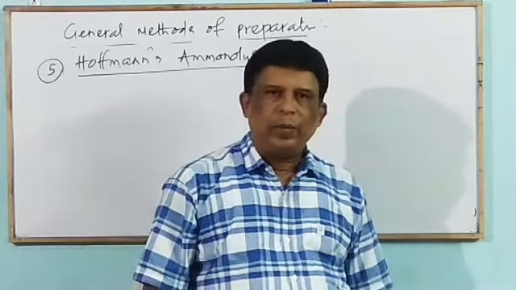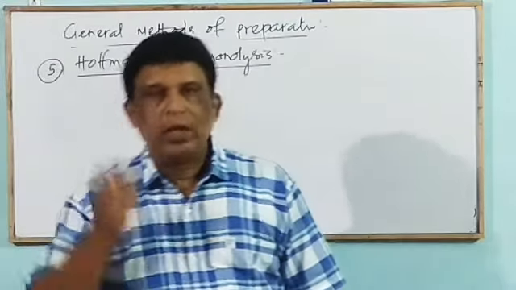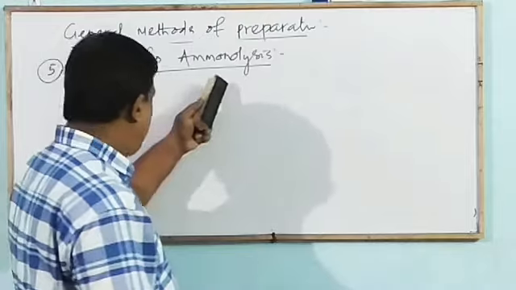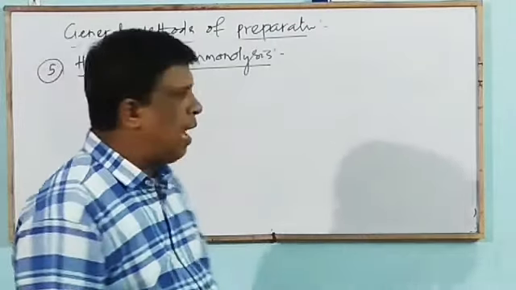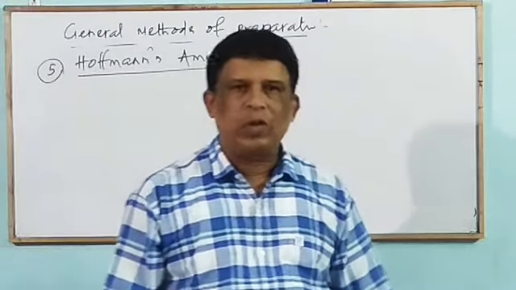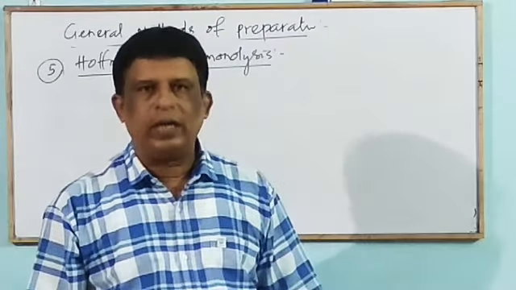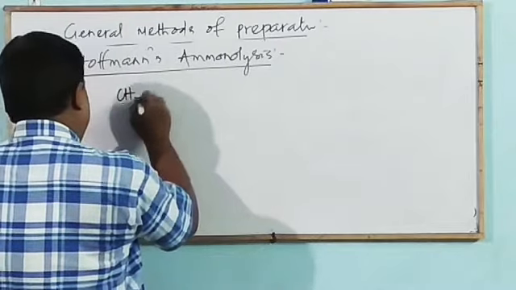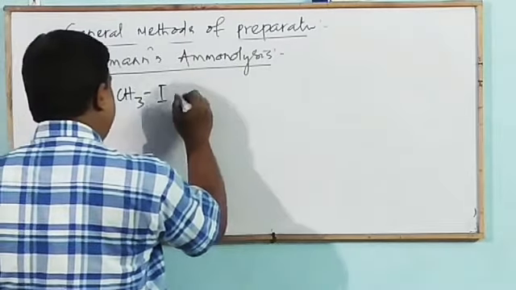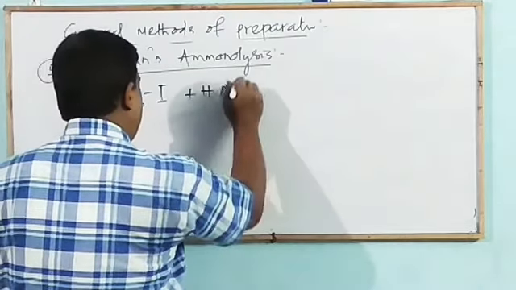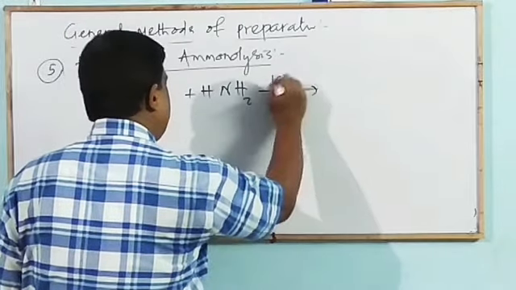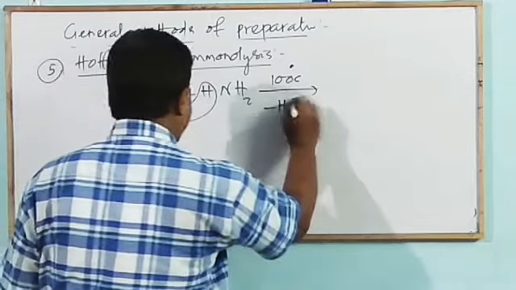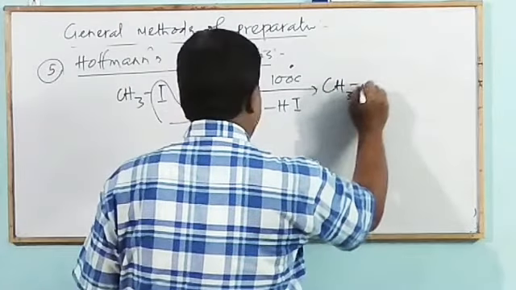Primary amine is easily prepared by the reaction of alcoholic ammonia and alkyl halide in a closed container, heating to 100 degrees Celsius. Mark that. If we select methyl iodide, it reacts with alcoholic solution of ammonia at 100 degrees Celsius, HI byproduct. What is the product?